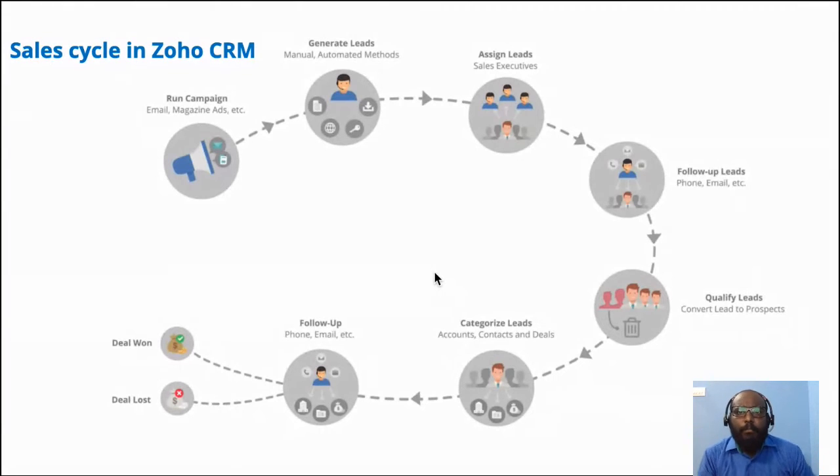People start following your business, and a lot of people walk into your business, and now you have the data. You run a campaign through email, magazine, website advertisements, online advertisements, whatever. You have marketed to the next level, and now you have a huge set of data which got automatically generated, or generated by your salesperson. Now we are in the second stage: you assign it to the respective people, because a marketing person can never go and close a deal.